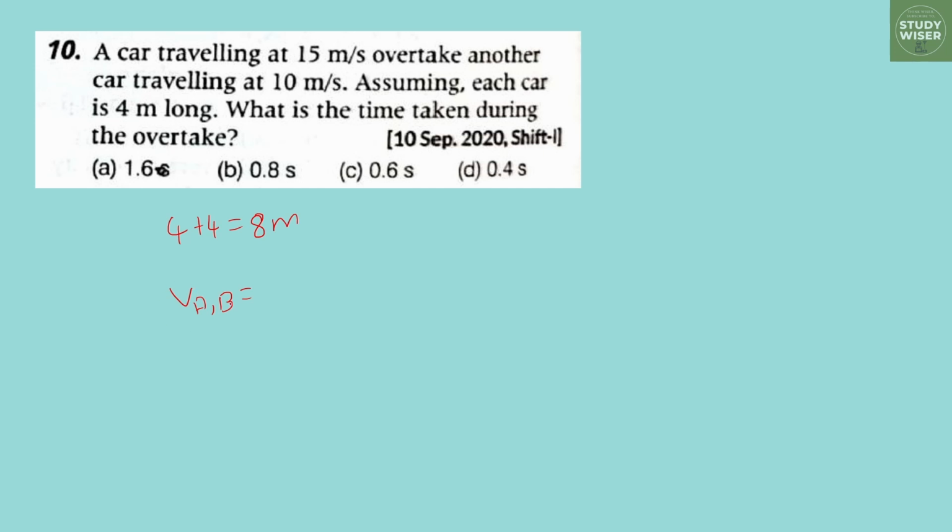Velocity of A with respect to B is VA minus VB, and that would be equal to 15 minus 10, that is equal to 5. Now time taken, ఇది చాలా సింపుల్ కదా. Time taken is equal to distance by speed, that would be 8 by 5, that is 1.6. A is the correct answer.